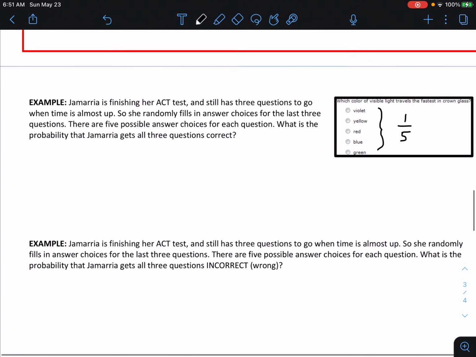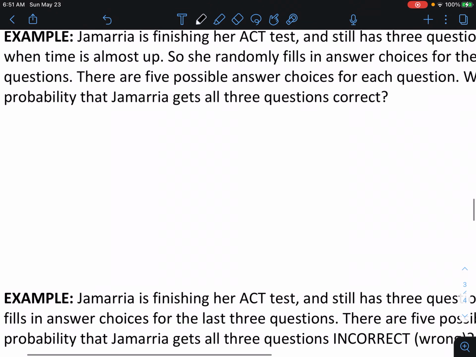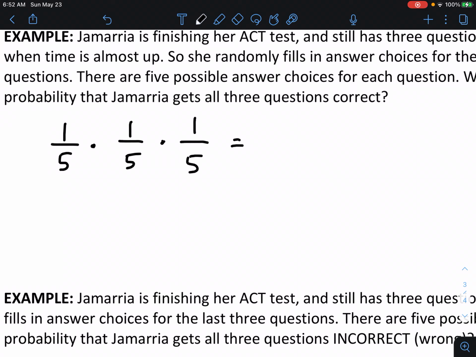Okay, and so since there's 3 questions, we are going to multiply that 1/5 times itself 3 times, because there's 3 questions that she has to guess on. And so when we multiply this across, we get 1 over 125, because 5 times 5 is 25, and then we multiply another 5, that's 125.